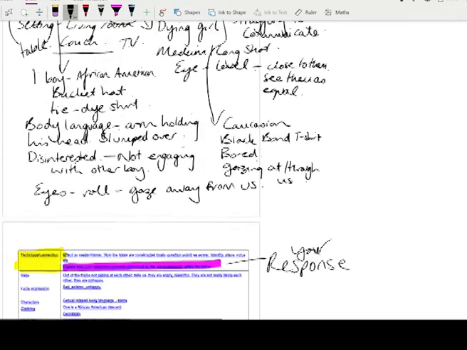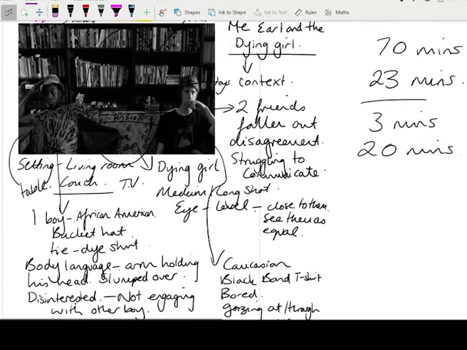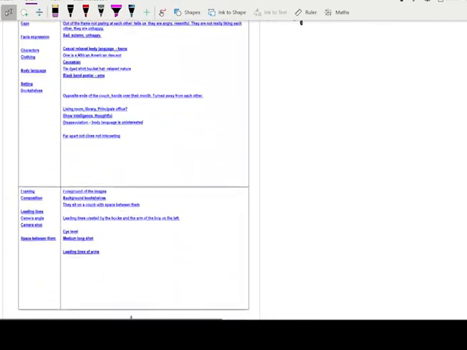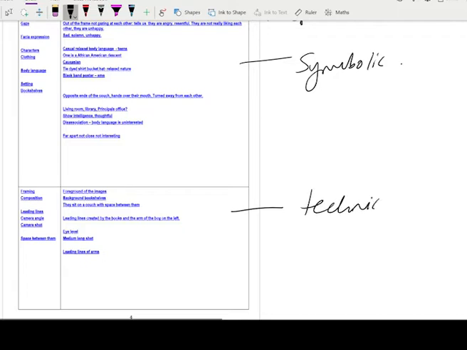So then I said it makes sense for me to talk about two different things. One, I would talk all about the setting and the characters. So I would talk all about the symbolic aspects in paragraph 1. And in paragraph 2, I would talk all about the technical aspects that construct that idea.